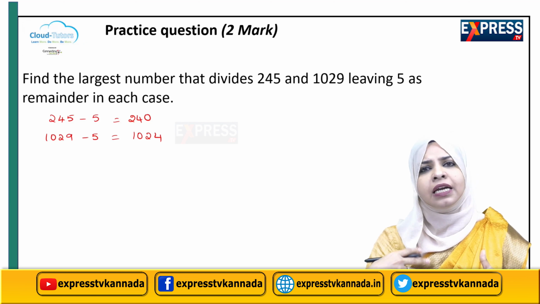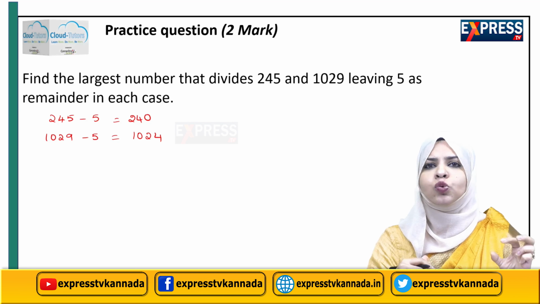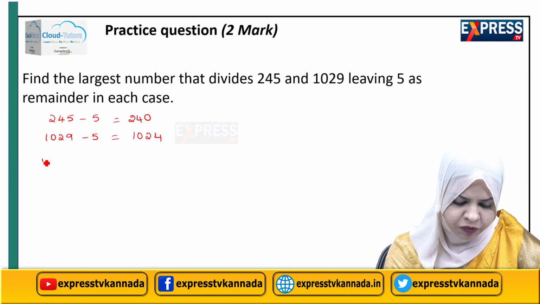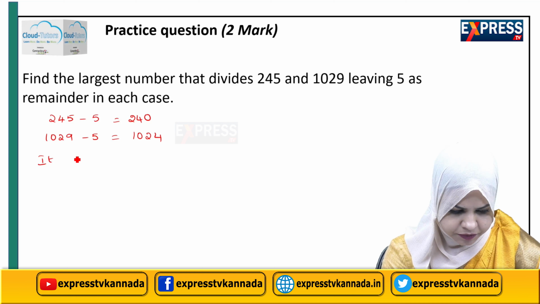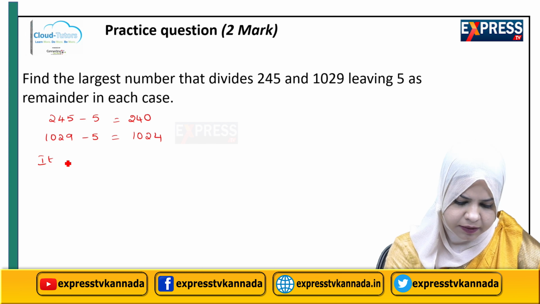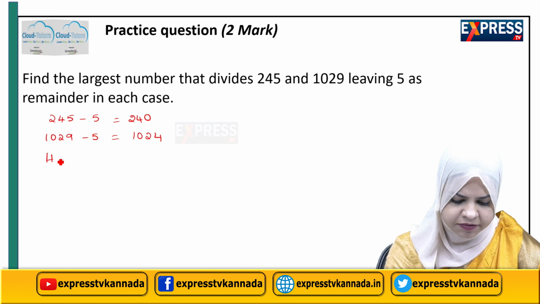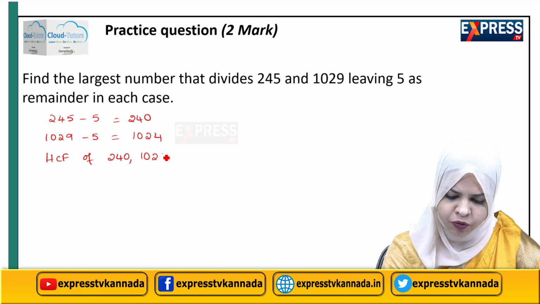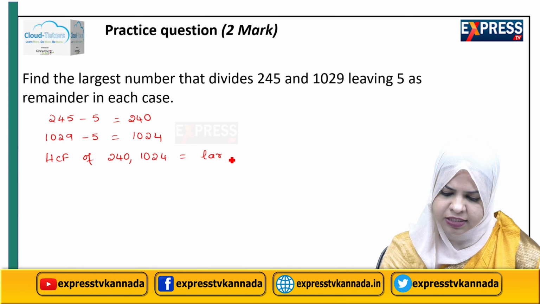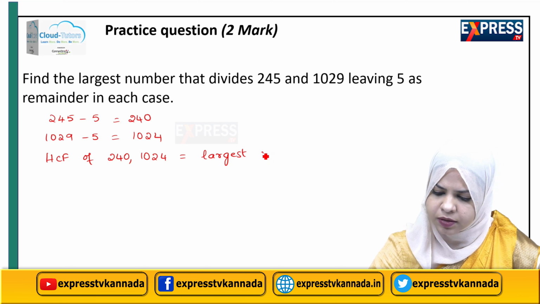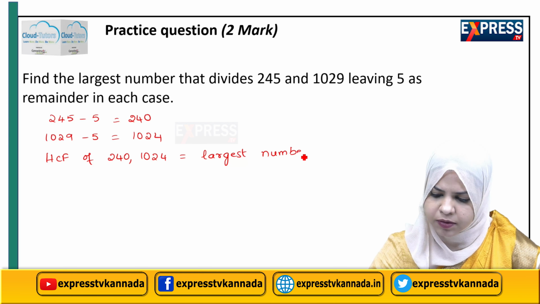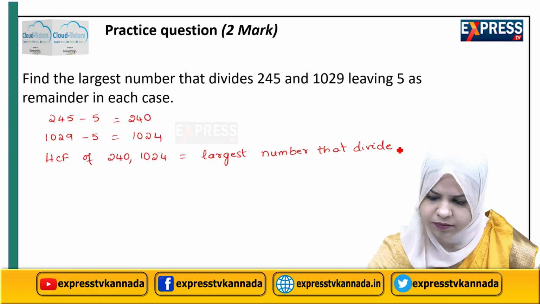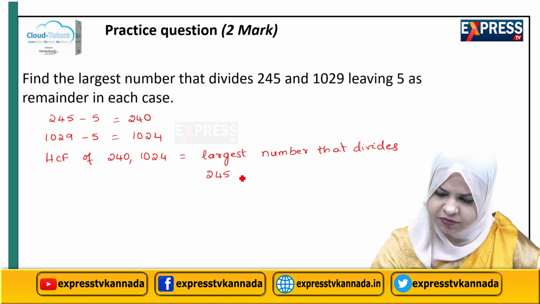Now we have to find the largest number that divides these two numbers completely. Okay, so let's see that. To find that, we need to find the HCF. So HCF of 240 and 1024 will be equal to the largest number that divides 245 and 1029.